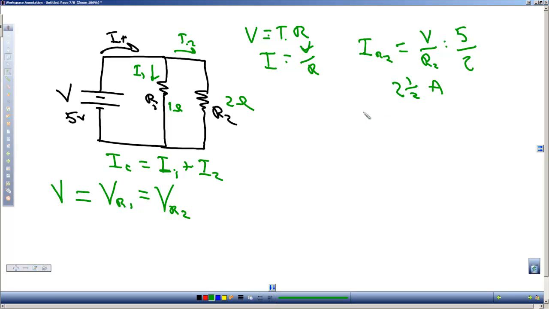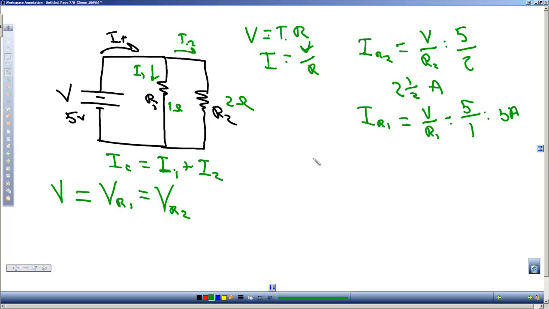Okay, now the current through R1, and I probably should have done R1 first. That is, again, the voltage over the resistance of R1, and that is 5 volts divided by 1 ohm, or 5 amps.